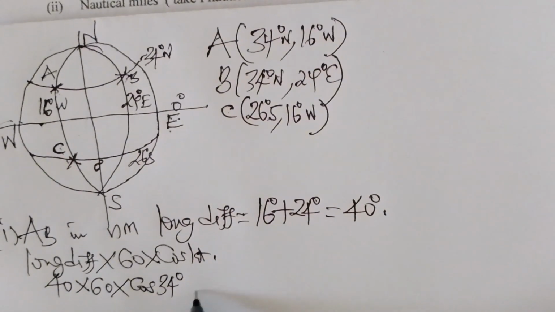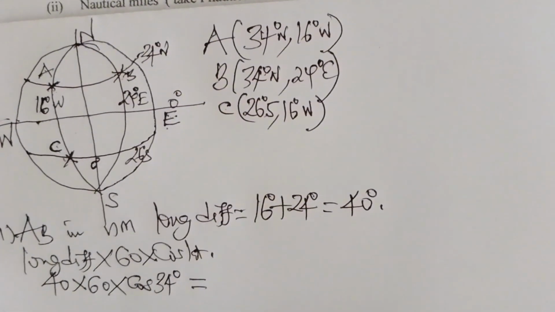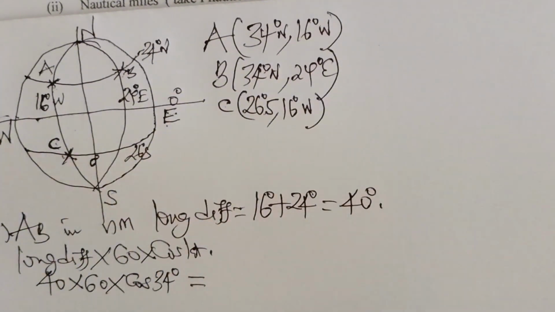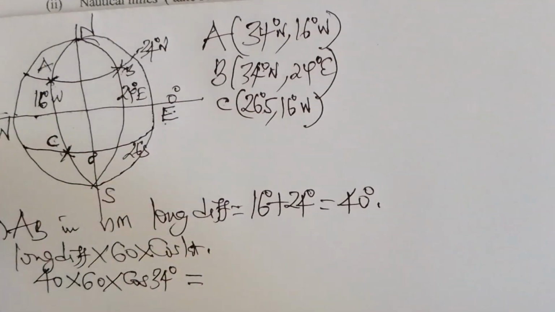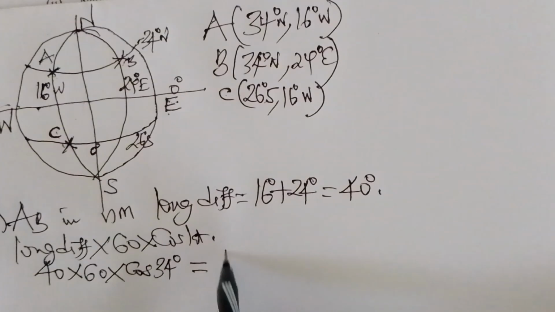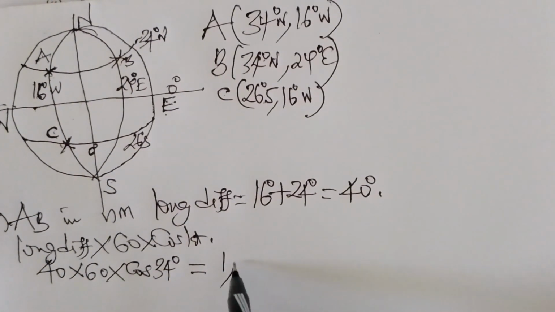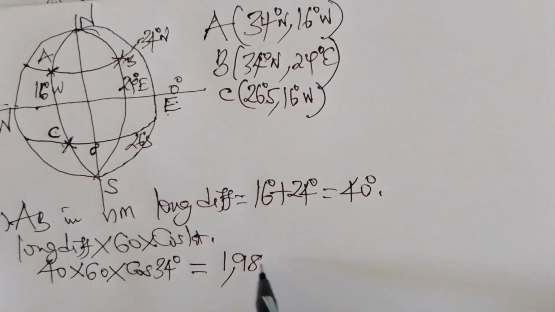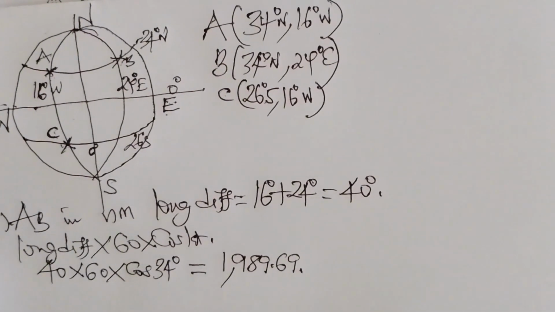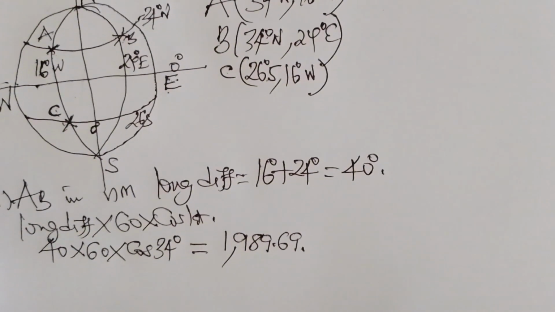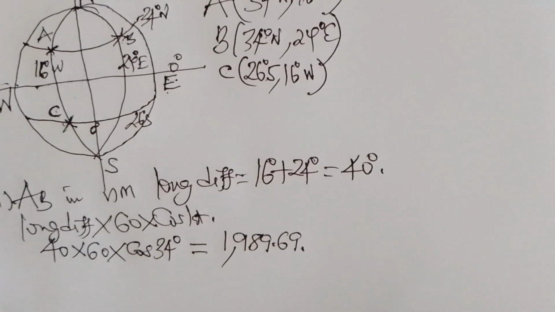When you multiply this using your calculator, work it out, you're going to get a value of 1989.69, and we are told to give it to the nearest nautical mile.